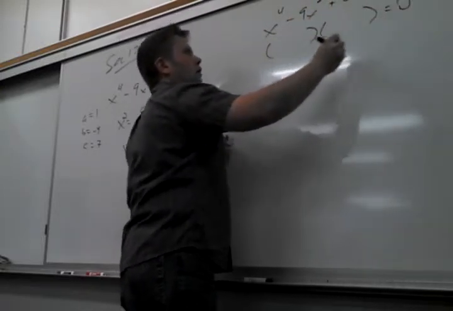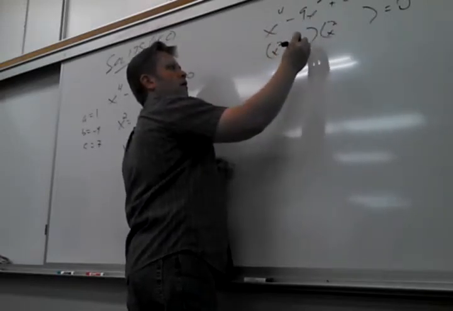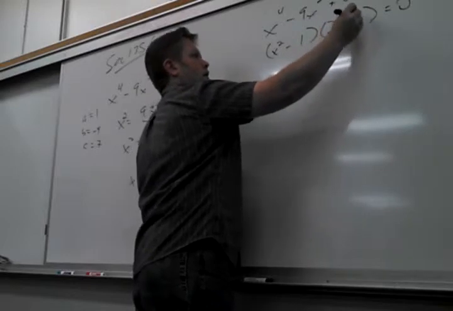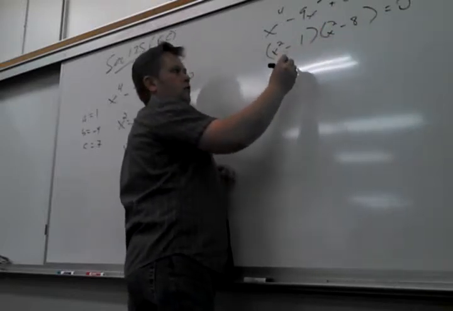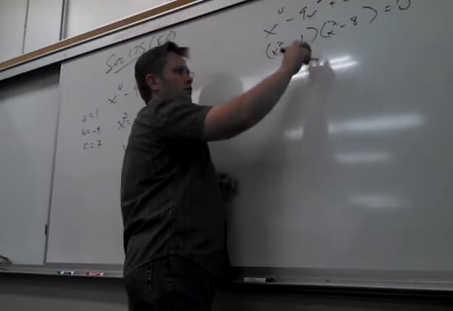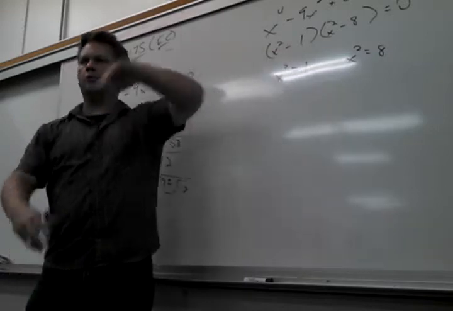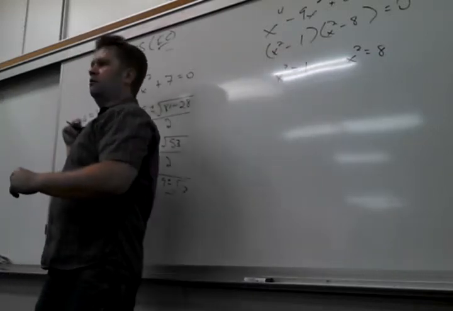Yes. x squared, 1 and 8. So when you solve those, you'll get x squared equals 1, x squared equals 8. I could have broken that up a little bit more, but I'm just trying to go a little bit more of what we're going to see here.